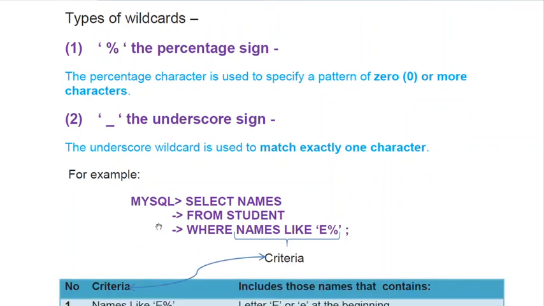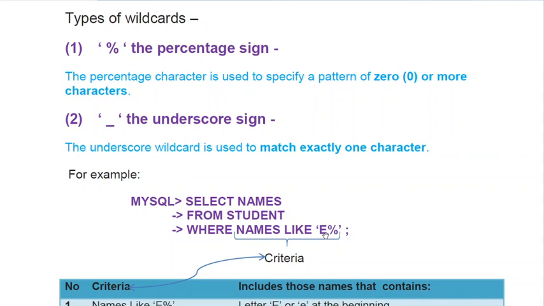For example, at the MySQL prompt you are writing, select names from student. Names is the column and student is the table name, where names like 'E%', letter E. MySQL is not case sensitive, so capital and small e are the same.